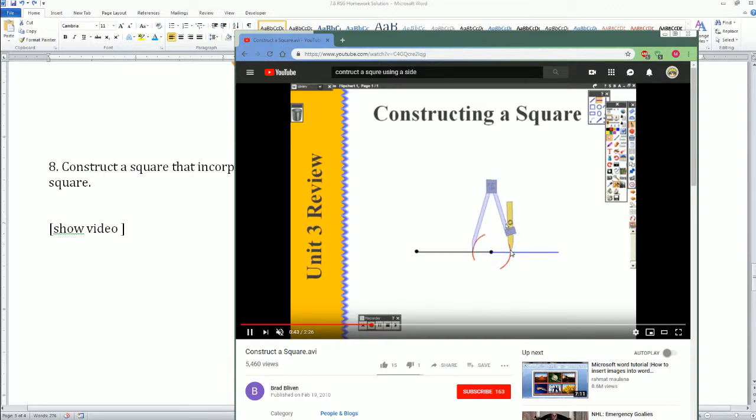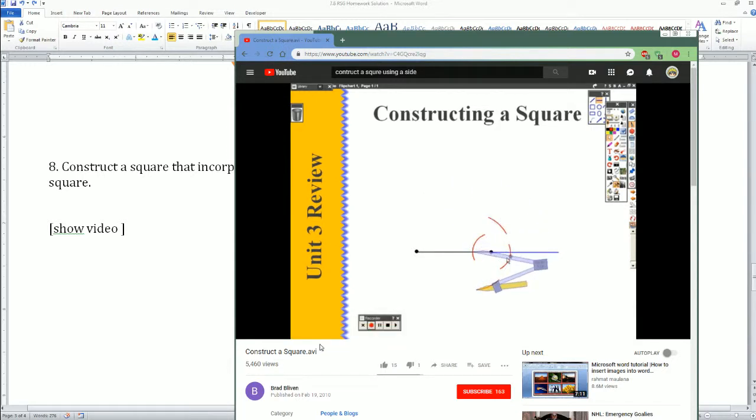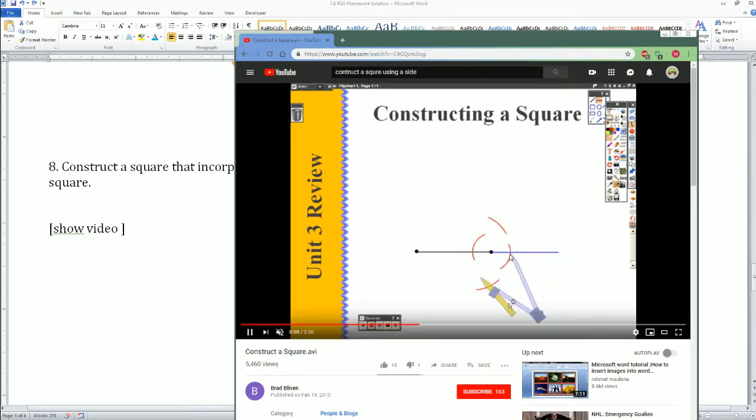He extends the radius twice using the diameter. See, now he constructs a bigger circle. Now he's gonna use the line right there to construct another. This is so he can get the perpendicular line. That's what he's doing.